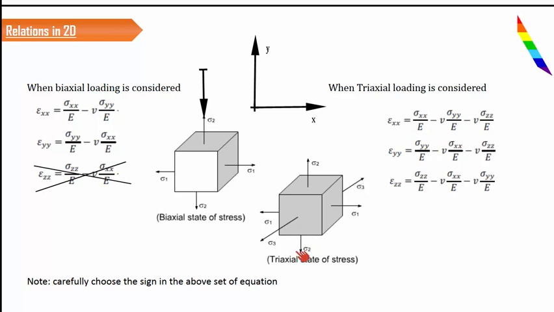Now when you take the three-dimensional case, you will end up with one more term, mu into sigma z by E, and all the equations will have a third term also.